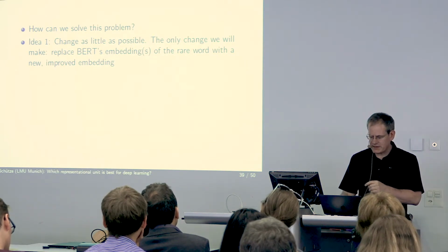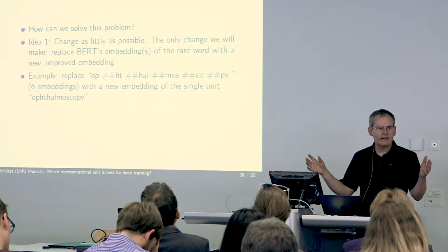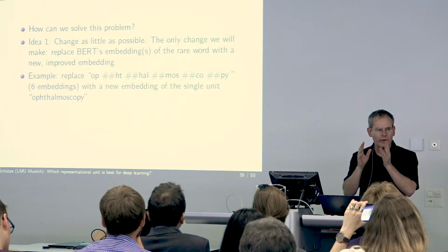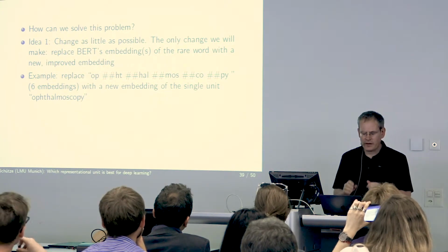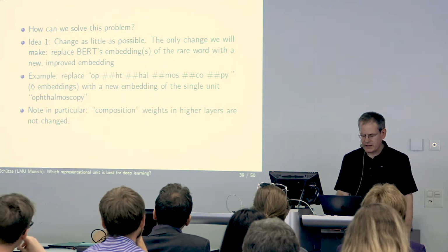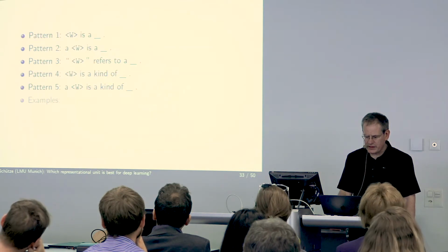Everything else stays the same. So for example, we take ophthalmoscopy, these ugly 6 subwords, we throw them out and we replace them with a single embedding for ophthalmoscopy. And so in particular, the composition weights in the higher layers are not changed. So, I mean, just to look at the picture again.